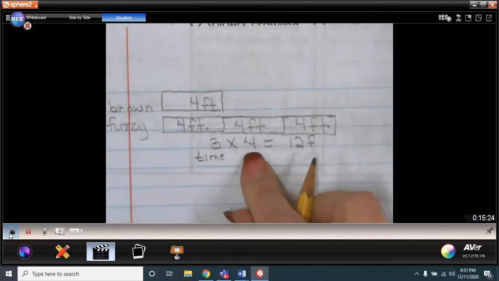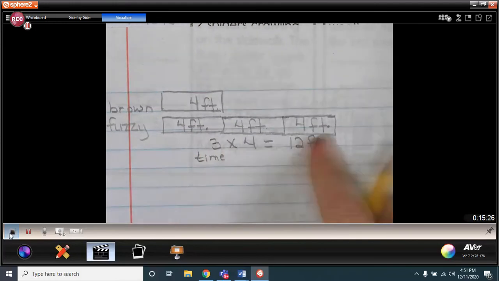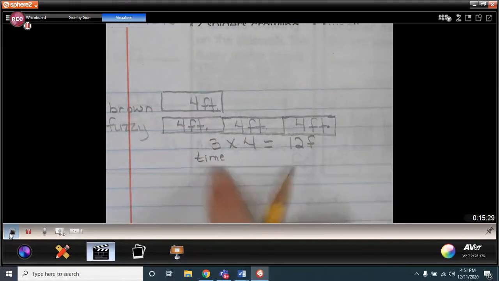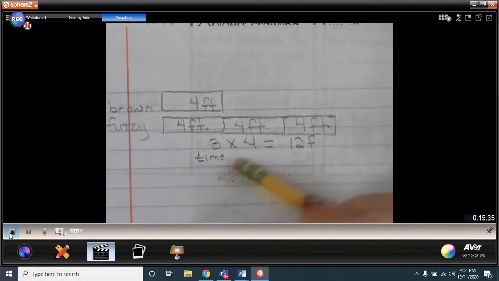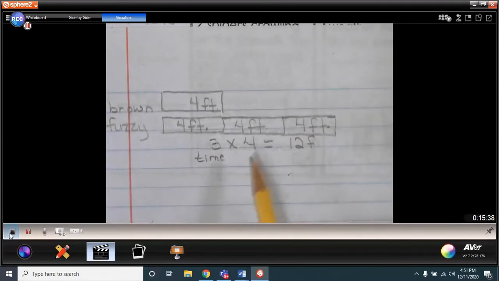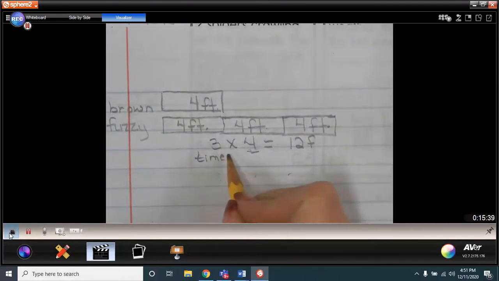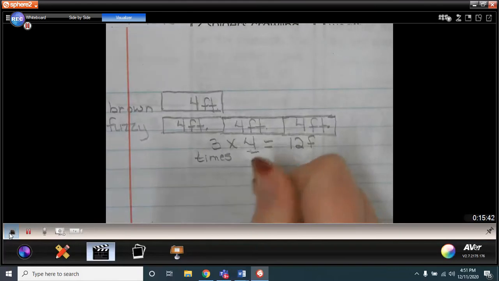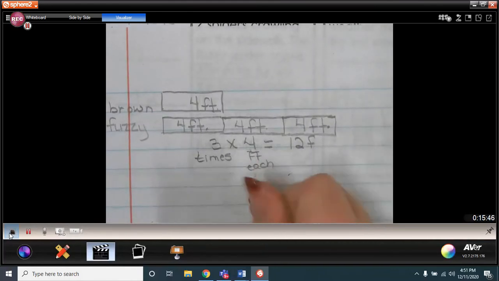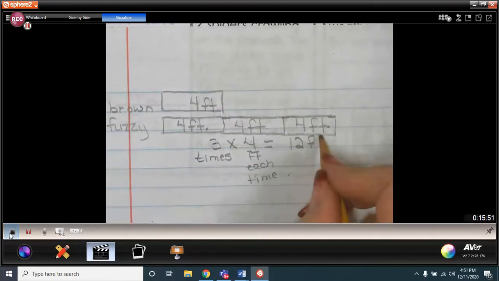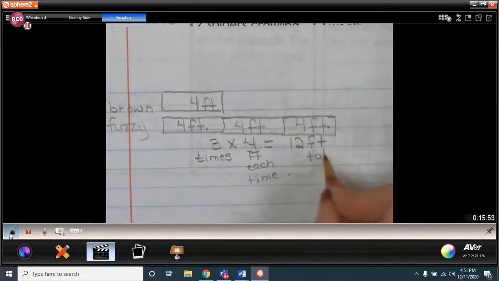So we have 4, 3 times. A lot of you guys think of it this way, but really it's the times that we're saying this number. So these are the times, and these are the 4 feet each time, or each group, if that makes sense. And this is going to be my total feet for the fuzzy spider.